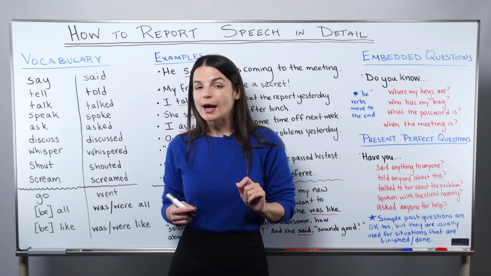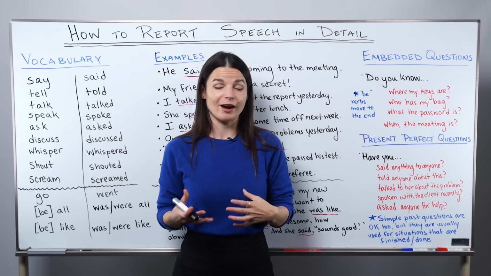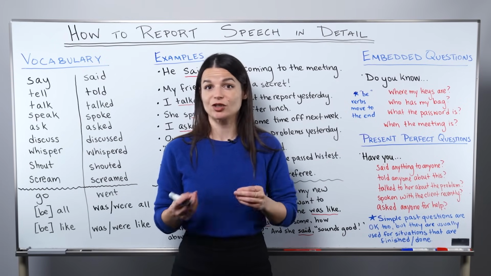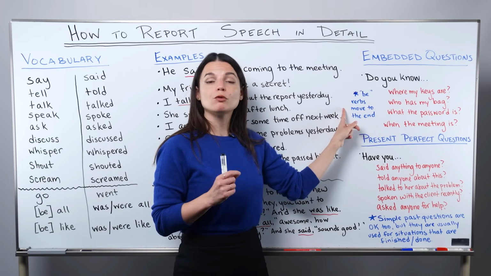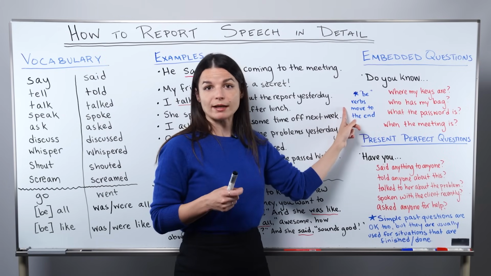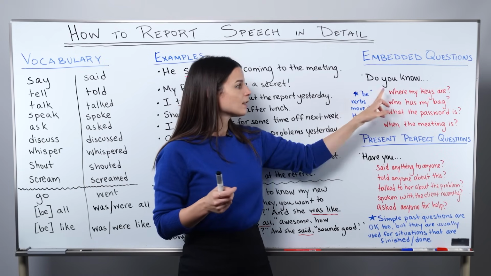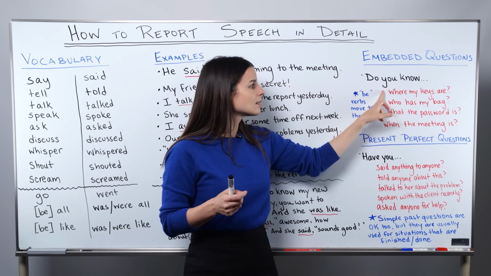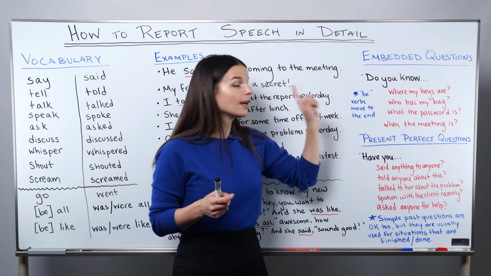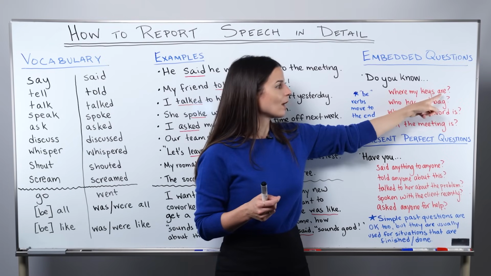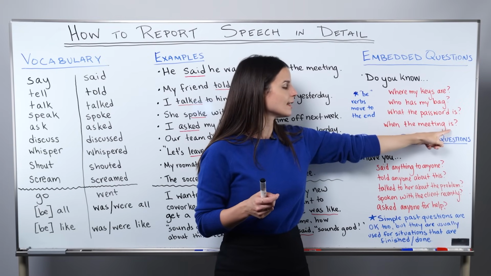And there's another pattern to be very, very aware of when you practice making embedded questions for the first time. That is this point. Be verbs move to the end of the question in embedded questions. So what does that mean? So let's look at these three example sentences. These all have a be verb. We have are, is, and is.